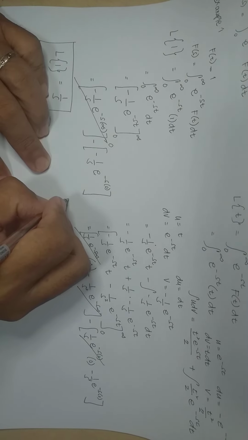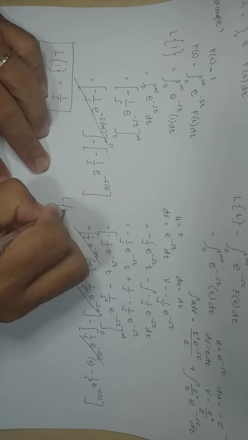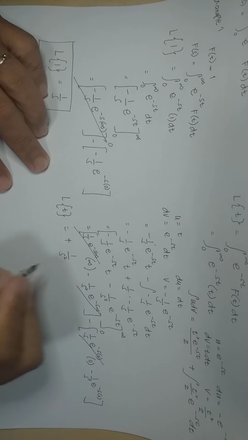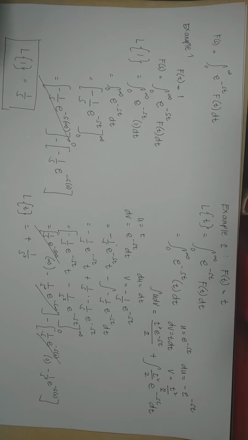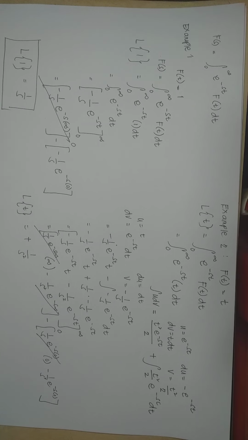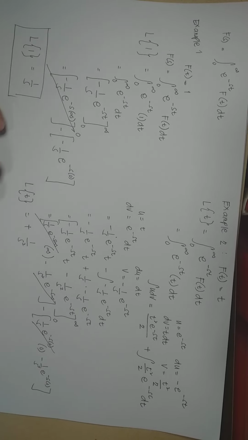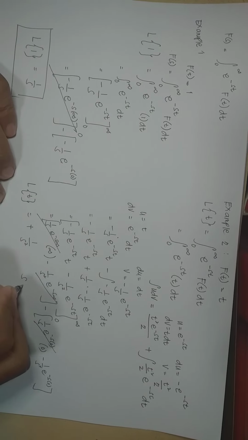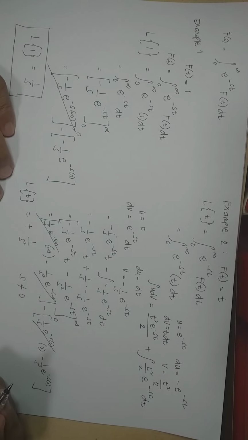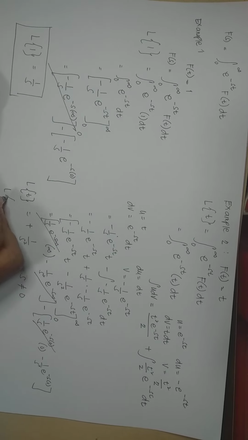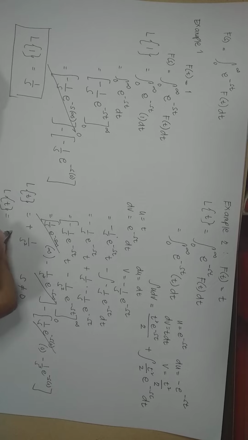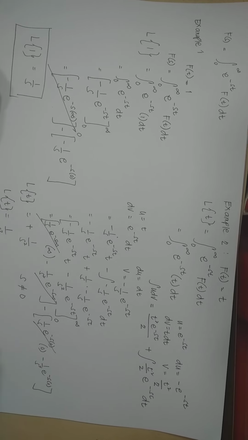So the Laplace transform of t is 1 over s squared. Let's just check if that is correct. Okay? So that is 1 over s squared, where s must not be equal to 0. So the Laplace transform of t is equal to 1 over s squared.